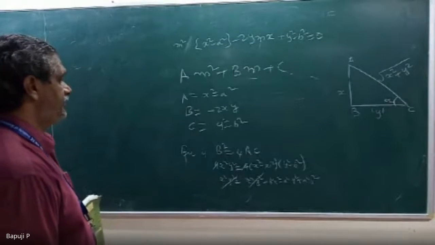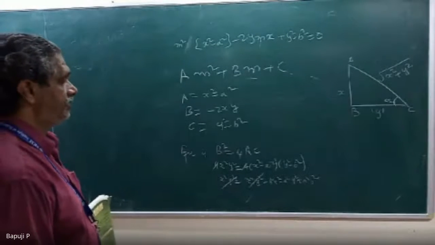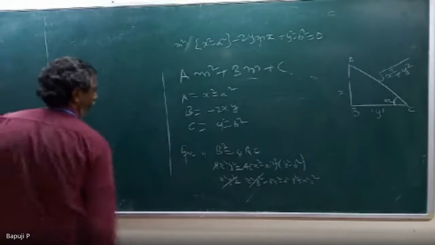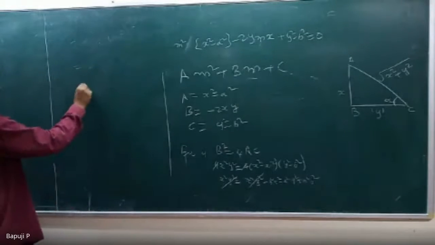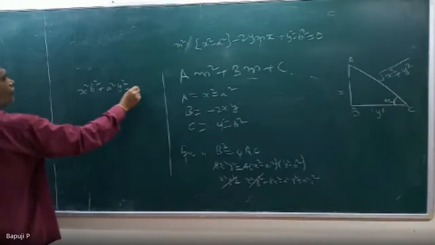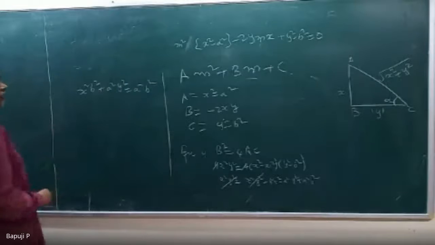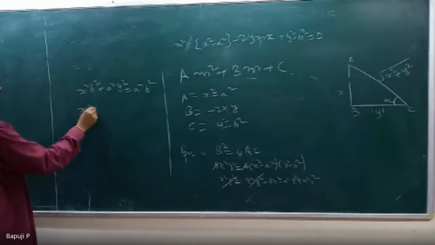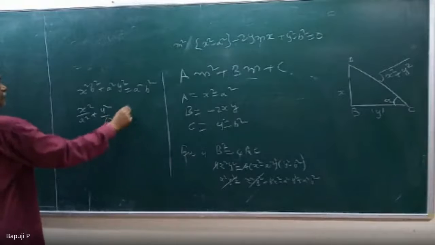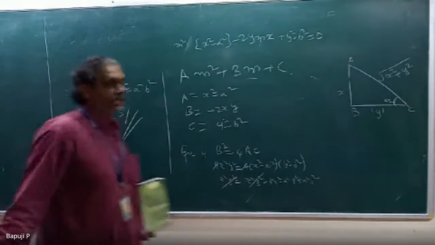Then bring this term to this side: x²b² + a²y² = a²b². Correct? Divide throughout by a²b². Proved. See, it's an LKG problem.